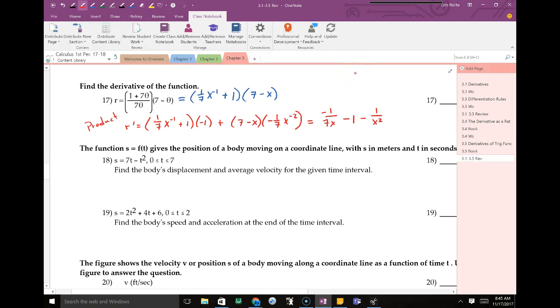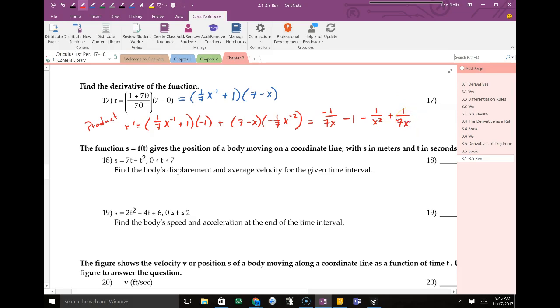Okay, now I have to multiply the next one. So I have negative x times negative 1/7 x to the negative 1. So if I have an x times x to the negative second, what do I do with my exponents? Add them. So how many x's am I going to have? 1 plus negative 2? Negative 1. So this is going to be plus 1 over 7x.